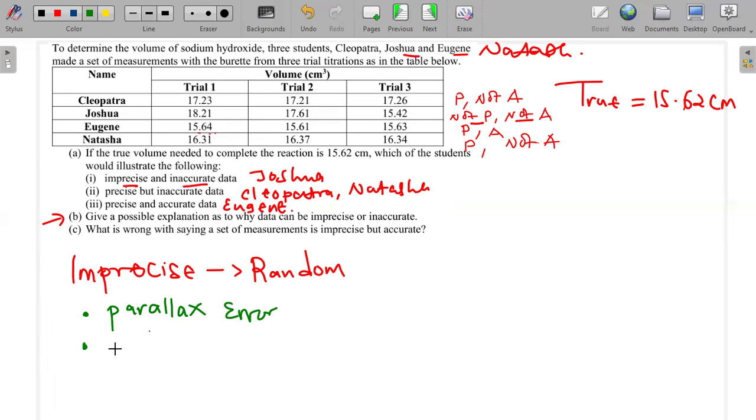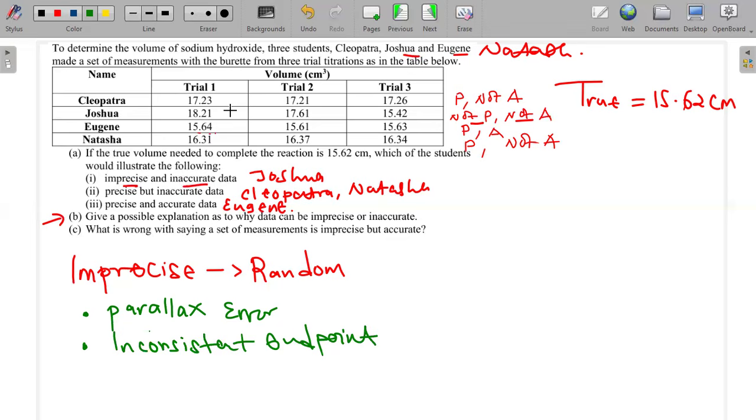Okay, another reason for imprecision or random errors is what we call inconsistency, okay, or inconsistent endpoint judging. Okay, so like in this lab here for titration, you are going to be adding a base to an acid or an acid to a base.